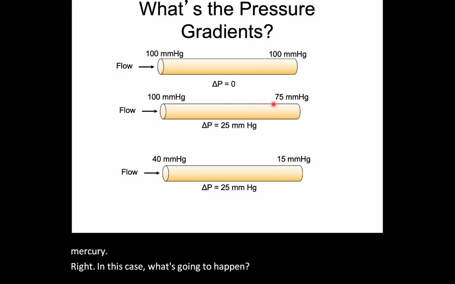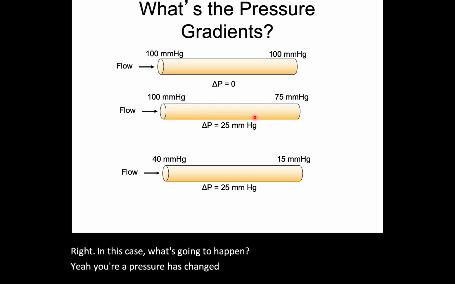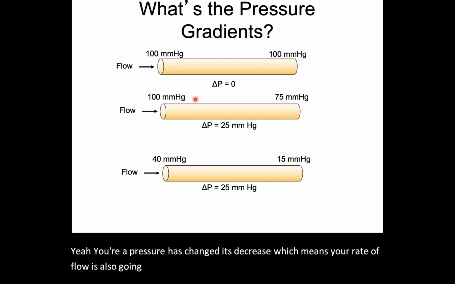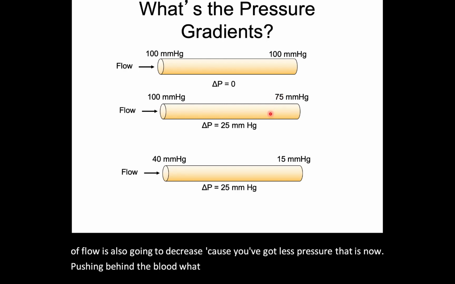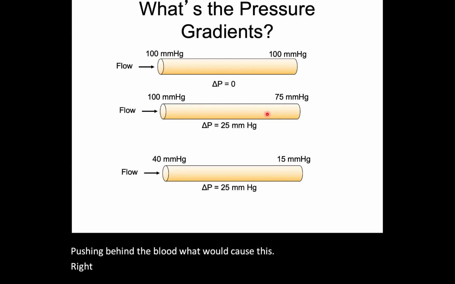Your pressure has decreased, which means your rate of flow is also going to decrease, because you've got less pressure pushing behind the blood. What would cause this? What would cause a decrease in pressure? Vasodilation would cause that.